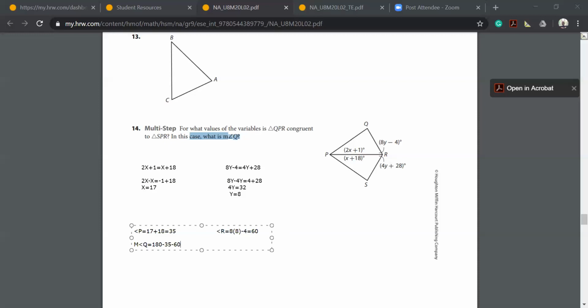I'm subtracting everything from 180. So it's going to be 180 minus 35 minus 60. So the answer is 85. So measure angle Q is 85 degrees.